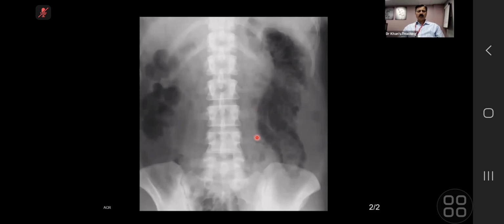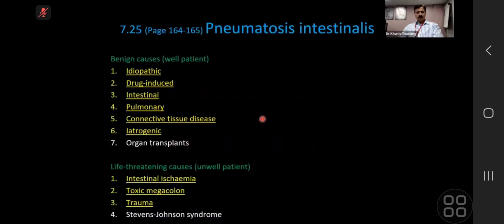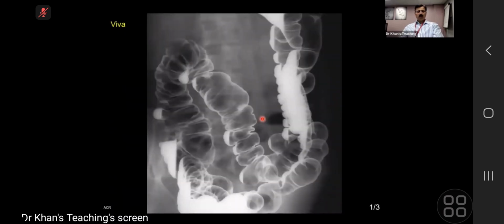Basically, you can imagine that these air bubbles can also burst and cause free air, but that free air will not cause peritonitis. So you have to know this, and because it's an Aunt Minnie case, it's an important case for the exam.